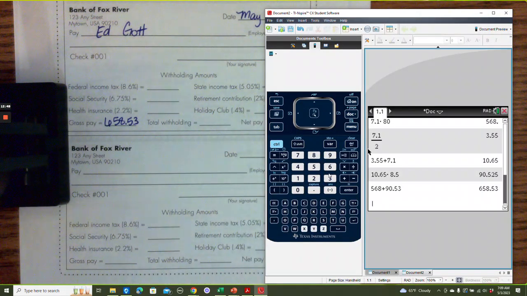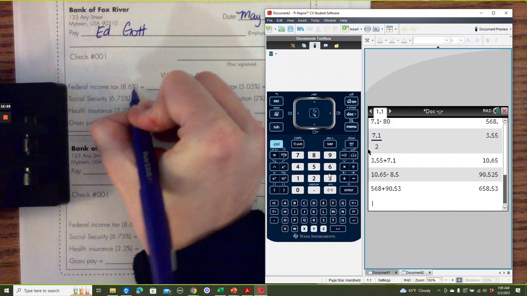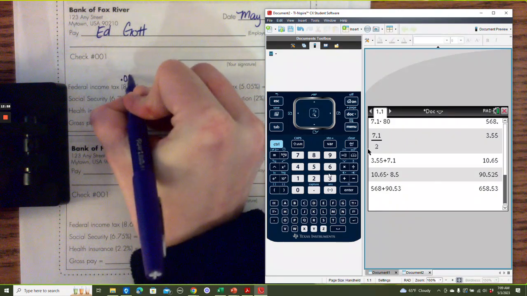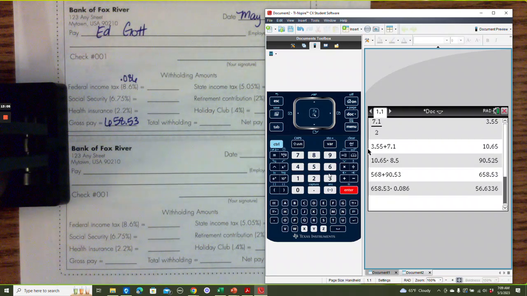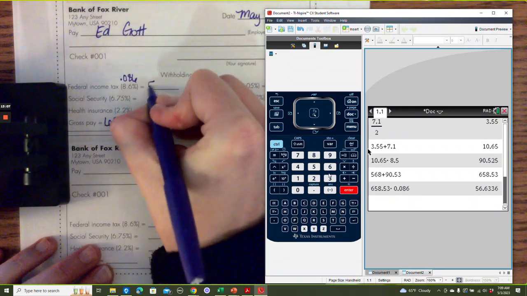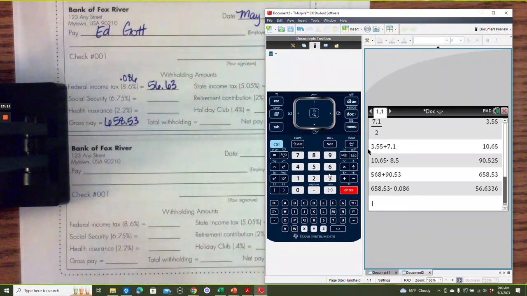All right, so to figure this up, this 8.6, we need to change it. It's a percent, so we need to change it to a decimal. I know it already has a decimal, but it's not in decimal form. But you take the gross amount and you multiply it by that decimal. $56.63. Again, you need to make it money, so round to 2 decimals.